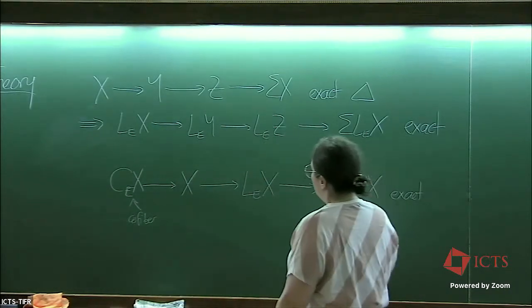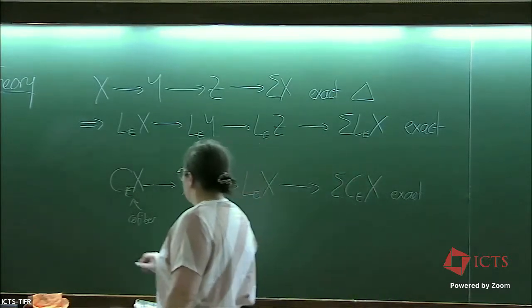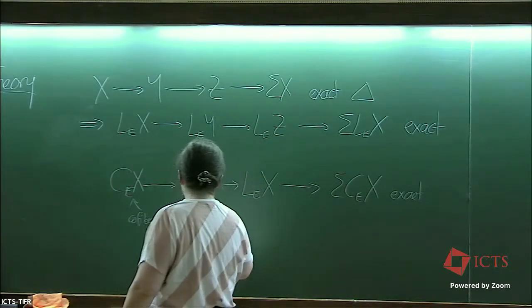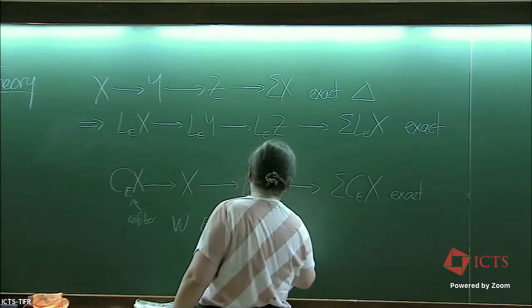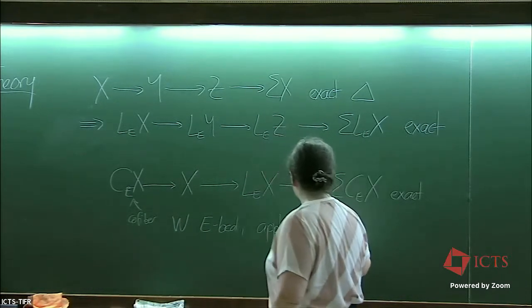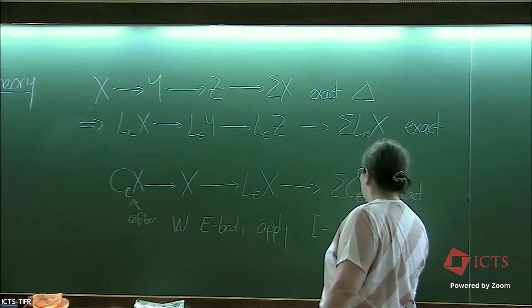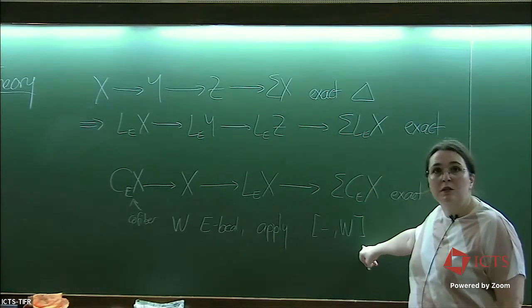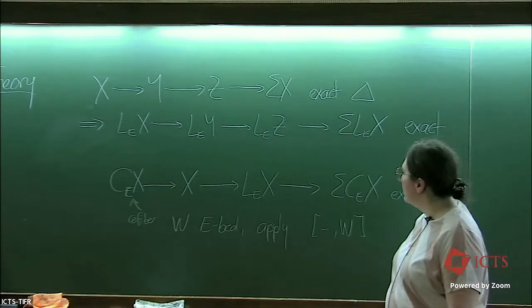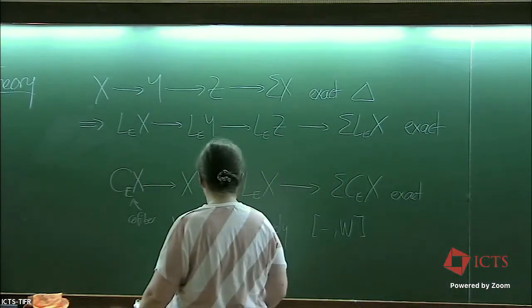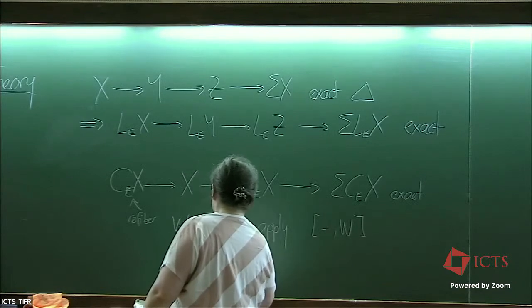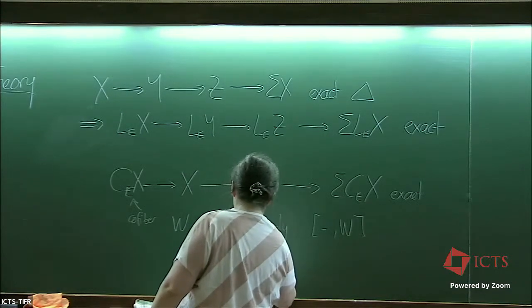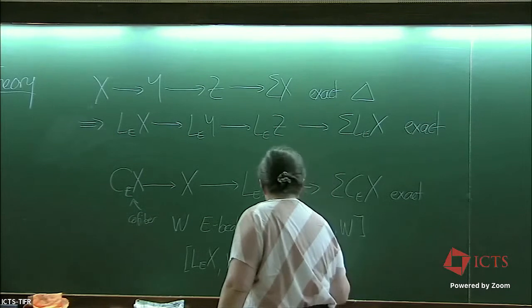Because if you take W to be an E-local spectrum, and then you apply the functor of maps into W, you're going to get a long exact sequence. It's going to go all the way around, of course.